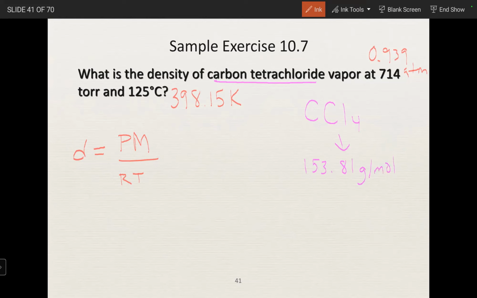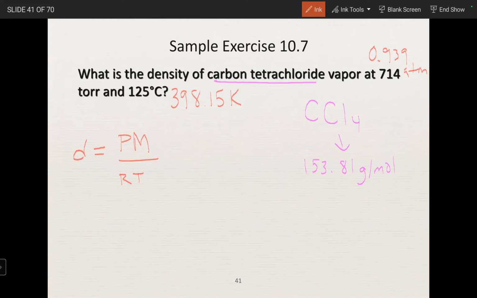And with the molar mass, the reason the units on that are going to be important is because we'll be able to cancel moles. And then in the gas constant, we'll have the units canceled for everything but the volume, which is going to be in liters. So depending on what units we have for that molar mass, that'll determine what units we actually have for the density.